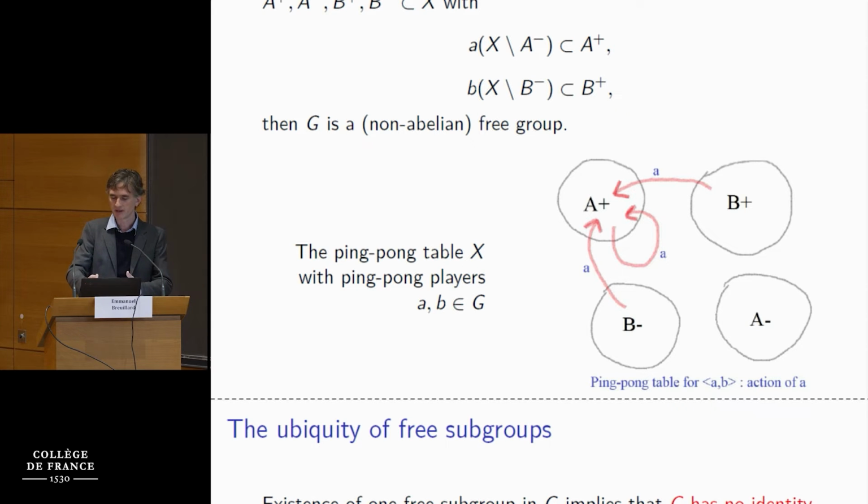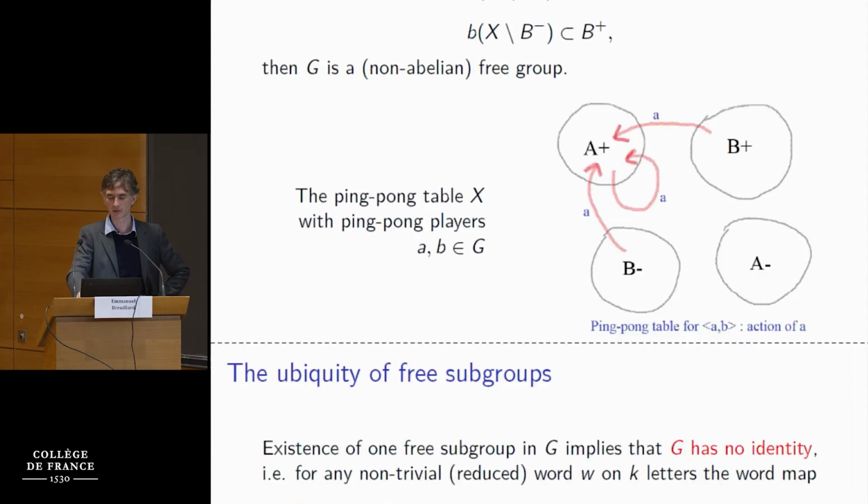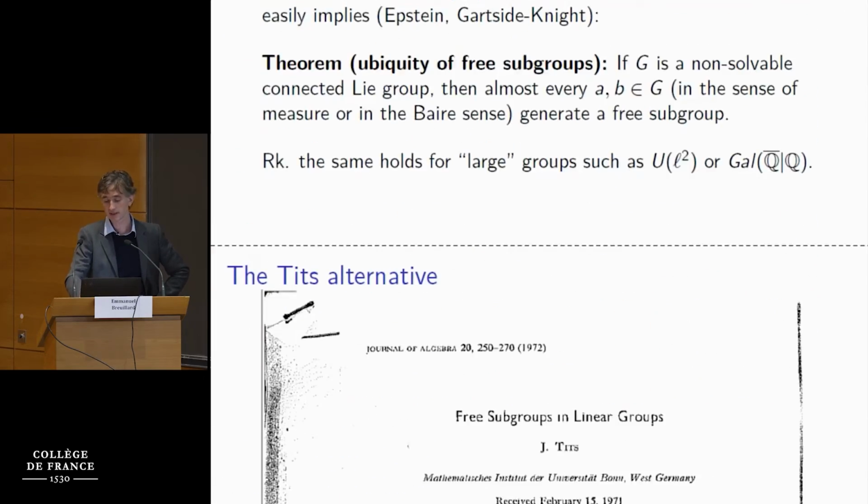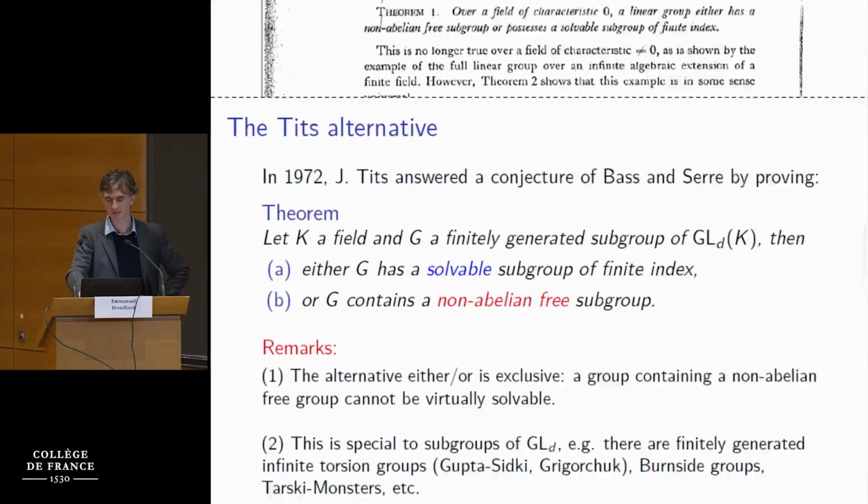And same for B and B inverse. And so this is a geometric step. Tits shows that in a certain projective space of a suitable, irreducible finite dimensional representation, you have this behavior, you have this pattern. Okay, and therefore you have a free group. So this is the key idea.